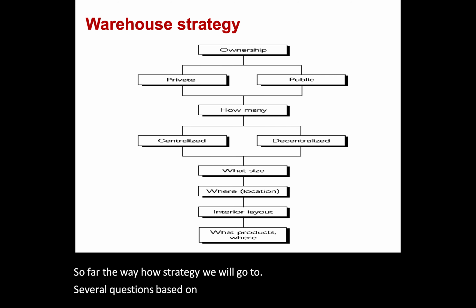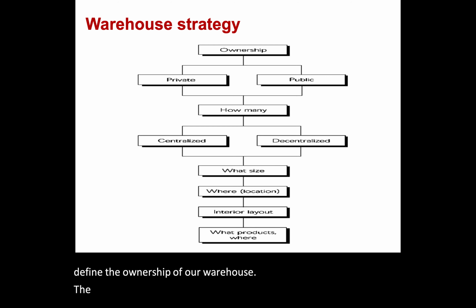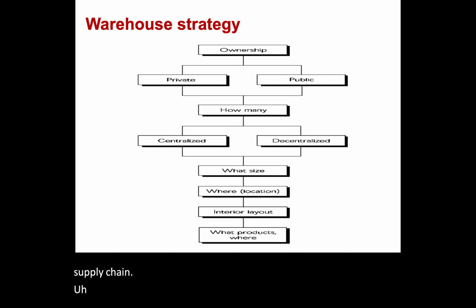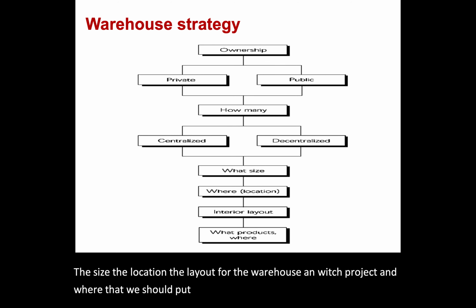The first question is to define the ownership of our warehouse. The second question is to define how many warehouses that we need in our supply chain. The size, the location, the layout for the warehouse, and which product and where that we should put this product in those warehouse.